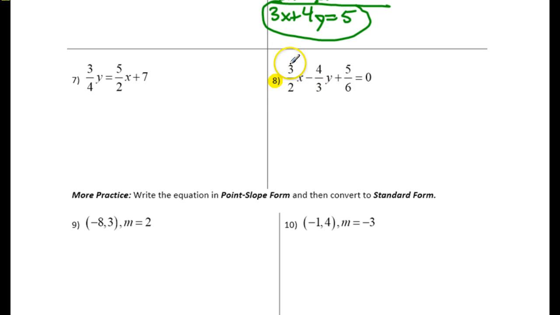Okay? If I multiply everything by 2, it'll cancel out the 2, but it won't cancel out the 3 and it won't cancel out the 6. Right? If I multiply everything by 3, it'll cancel out the 3, but not the 2 and the 6. But if I multiply everything by 6, it'll cancel out the 6 and the 2 and the 3. And here's why. I'm just going to use the bottom number.